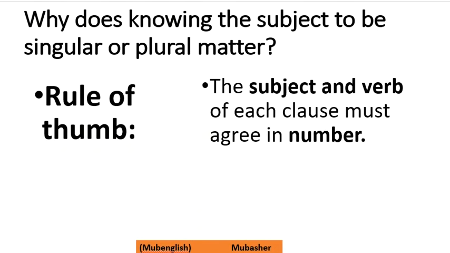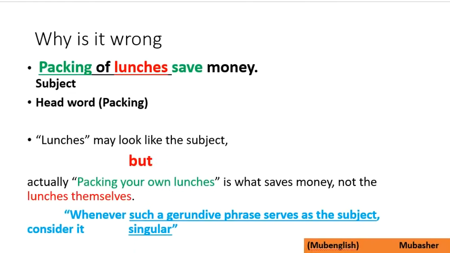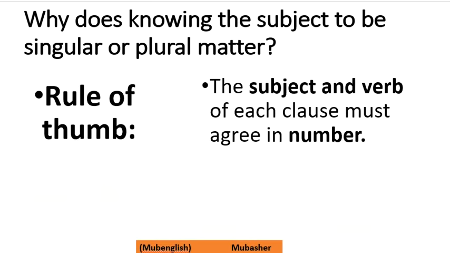Why does knowing the subject to be singular or plural matter? Definitely it matters, as we have seen in this sentence. So if there is a singular subject and we are using the plural verb, that would be wrong. And if there is a plural subject and we are using a singular verb, that would be wrong. So that's why the first thing is identifying the real subject.